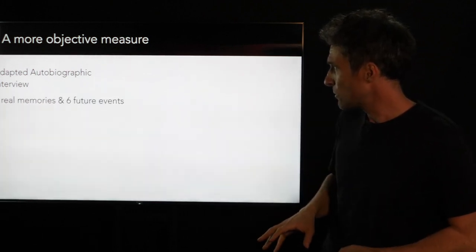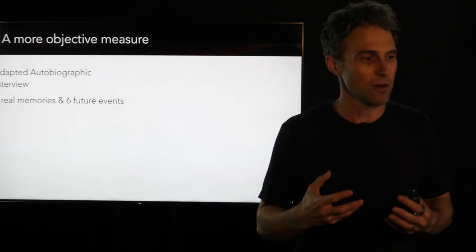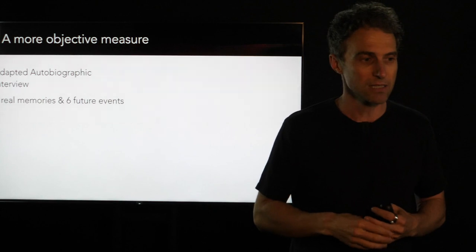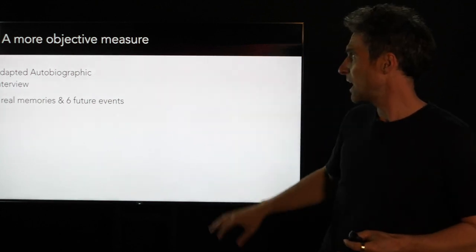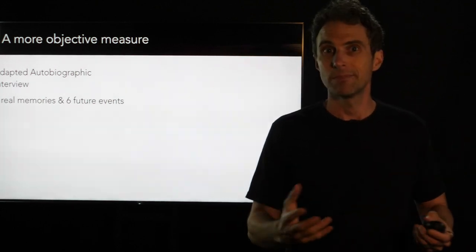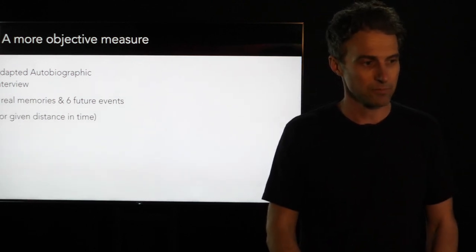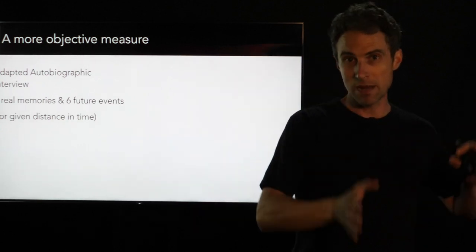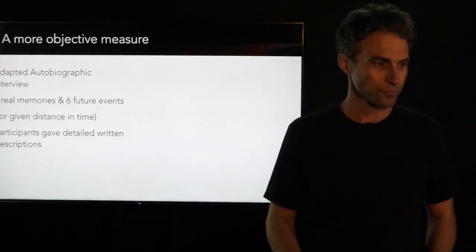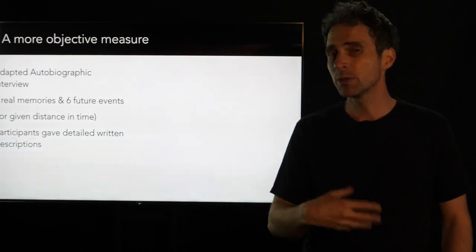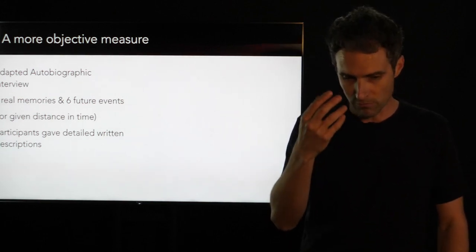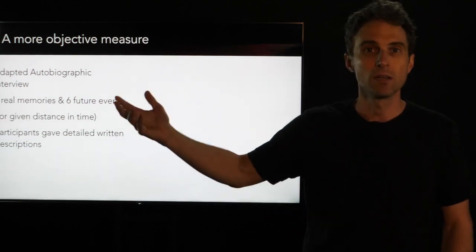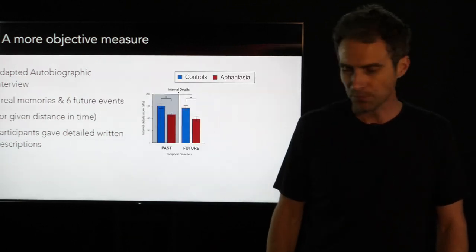People are asked to come up with 6 different real memories that happened to them in their past, and also 6 hypothetical future events that might happen to them. These are all within bandwidths of different distances from now, in the past and into the future. Then the people doing the experiment have to describe in as much detail as they can these memories or potential future scenarios.